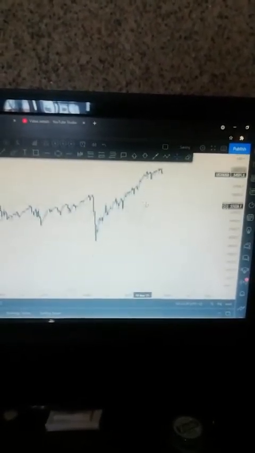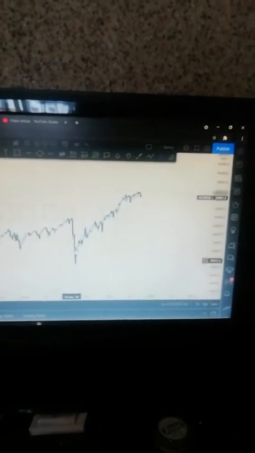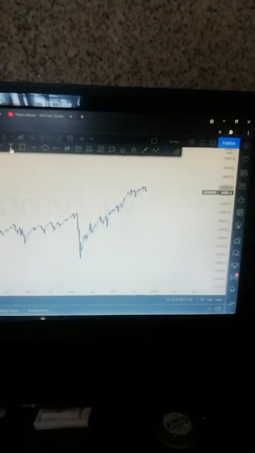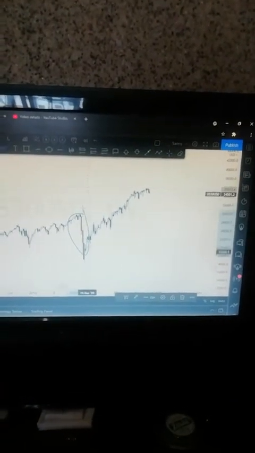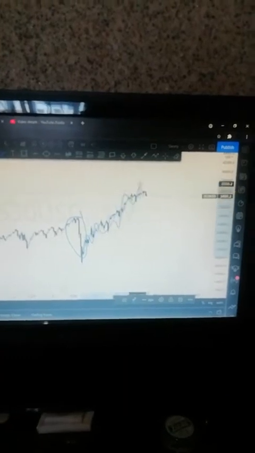We just have bullish momentum to the upside. Just bullish momentum all the way ever since this crash that happened here. After this crash, we just saw higher highs and higher lows being created all the way to the upside, right? So that is just it on US30.